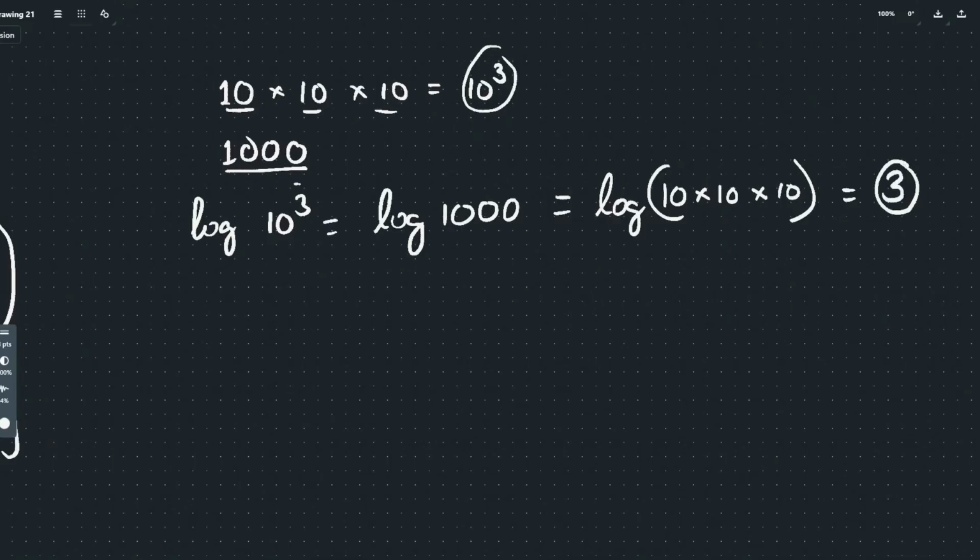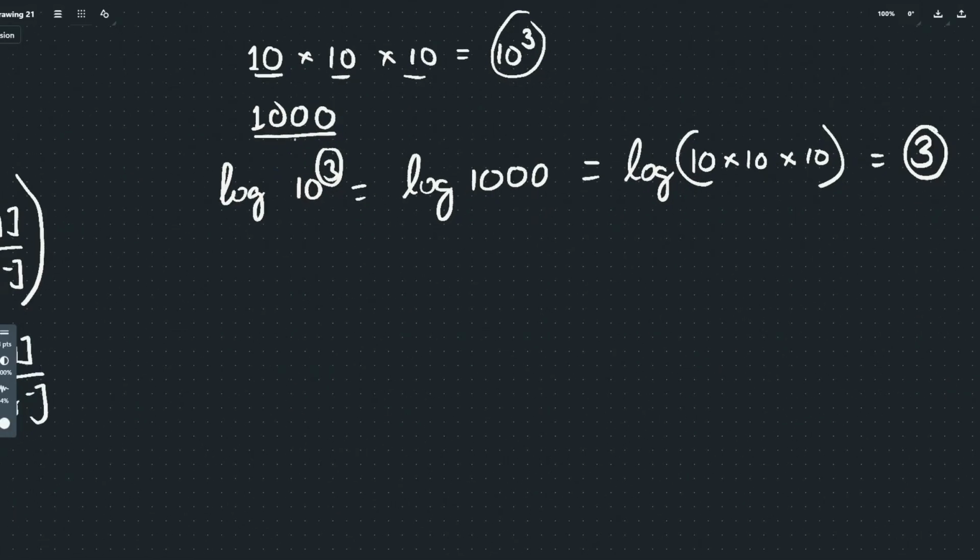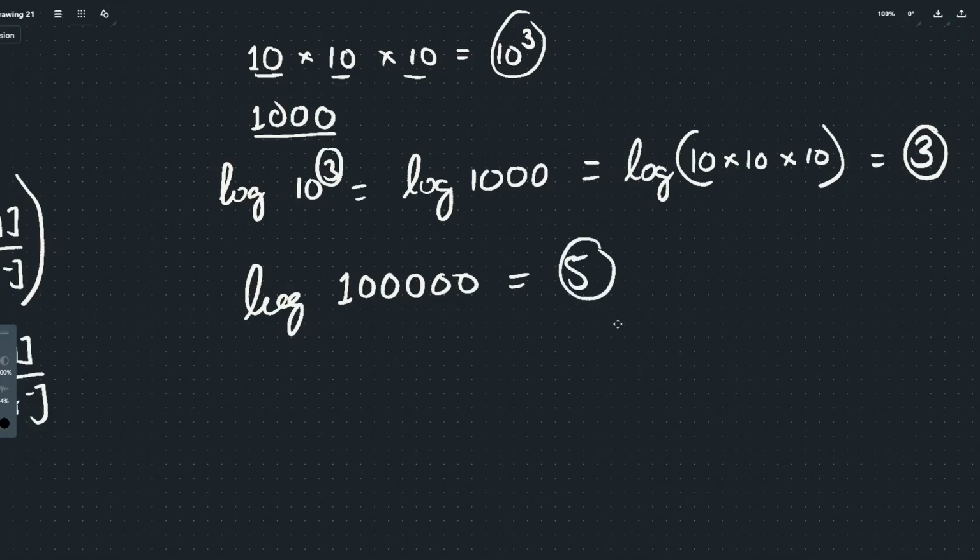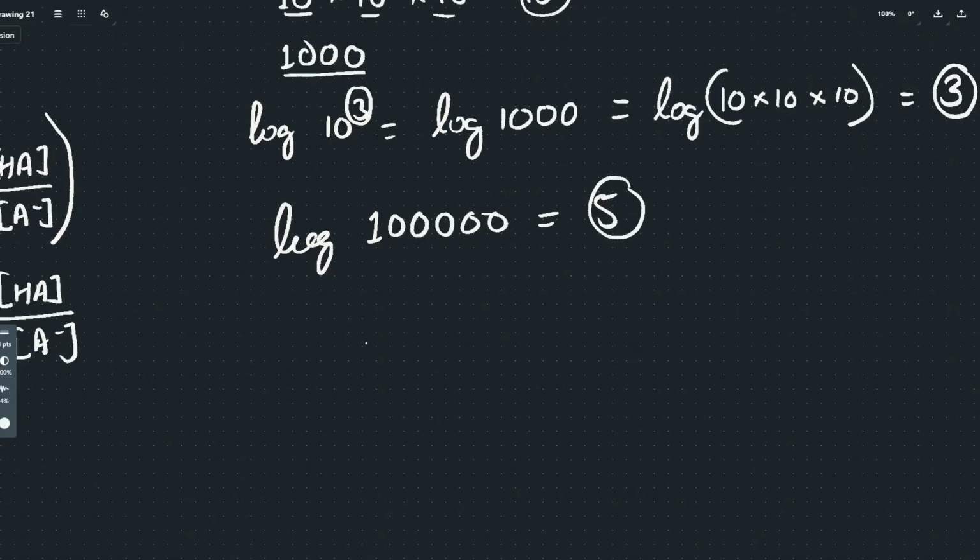So very simply put, log is basically counting the number of zeros. So 1, 2, 3 zeros are here, so we have log 3. Now you can do this experiment: let's suppose I write 1, 2, 3, 4, 5 zeros, and I take a log of this number, then this will become 5. You can do this on a calculator and check this.